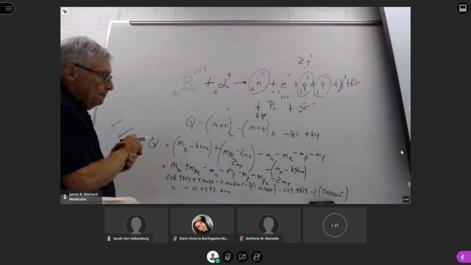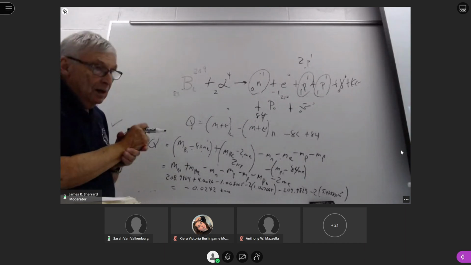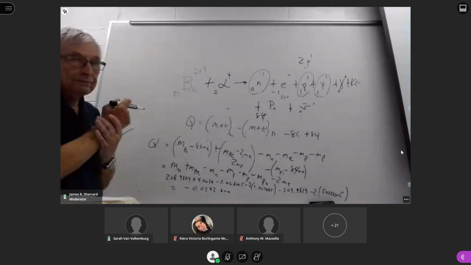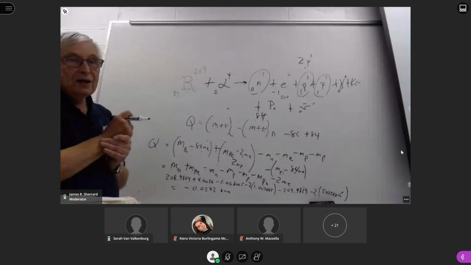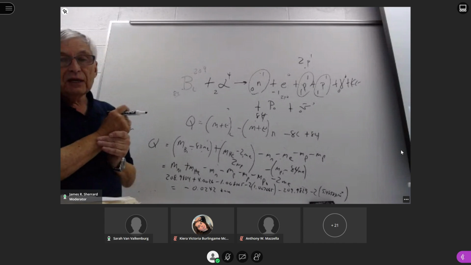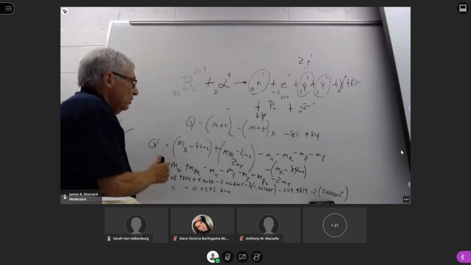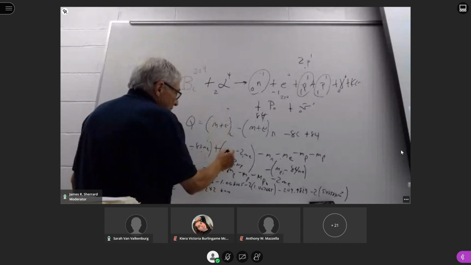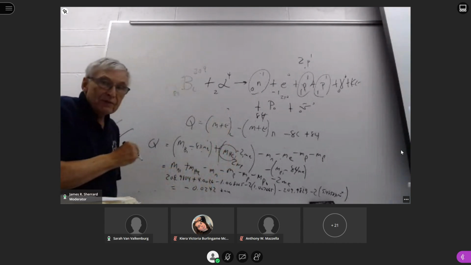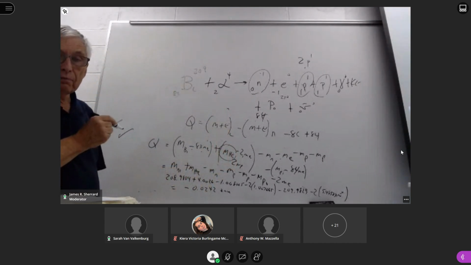So then for the alpha in the Q equation, why do you subtract the 2 mass electrons after the mass of the helium? Because we're doing nuclear mass balances, not atomic mass balances. So when you go in the back of the book and you find this value, that is the atomic mass balance.